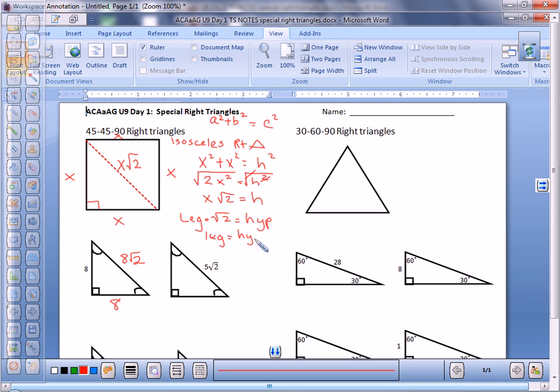It's the hypotenuse divided by the square root of 2. What's 5 root 2 divided by square root of 2? Yeah, those just cancel. 5. Okay? And that's how that works.